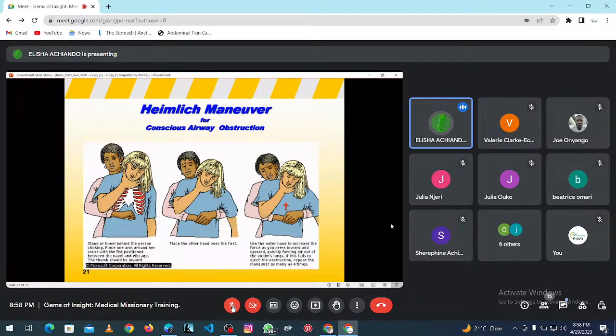You're standing behind the person, and these people may be choking or having an obstruction. So you place one arm around their waist, and the first position is between the navel and the rib cage. I think you can see what I'm speaking about.